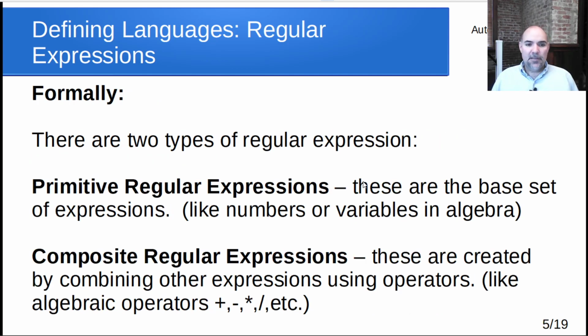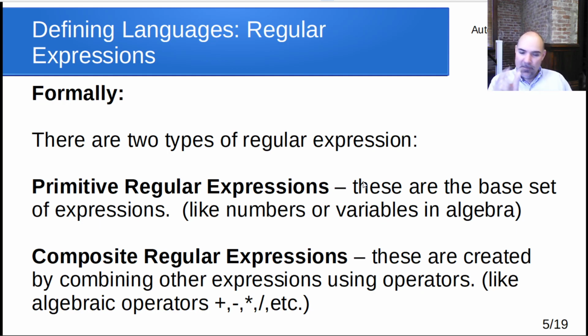So formally, there are two types of regular expression. The first type is the primitive expressions. Those are the base set of expressions. Equating this with an algebraic expression, that would be the numbers or the variables. In 5x plus b, that would be the 5, the x, and the b.